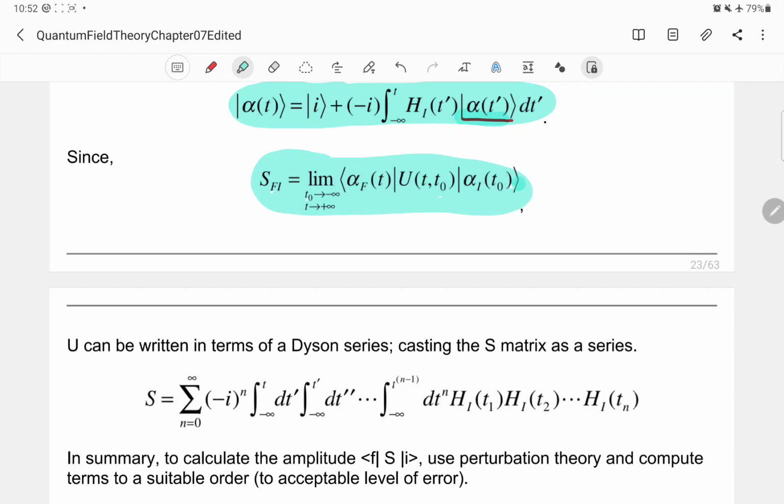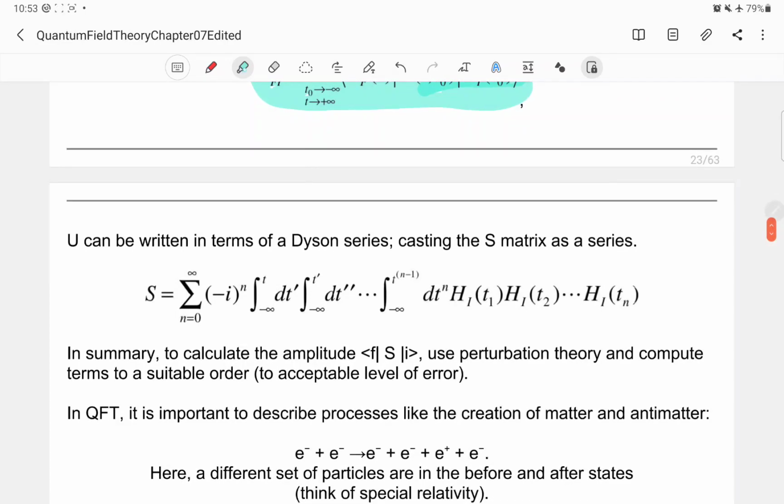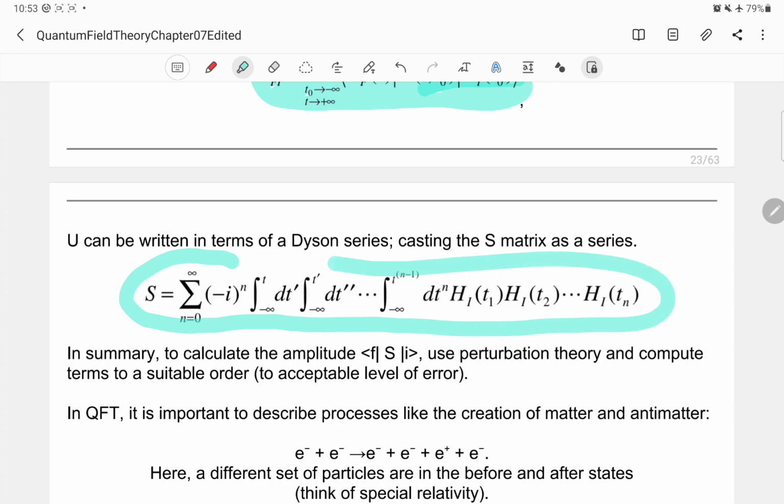We can write U in terms of a Dyson series. So we can cast the S matrix as a series. So our S matrix now looks like this one here, which is just the same as the time evolution that we had in quantum mechanics, as we earlier discussed.